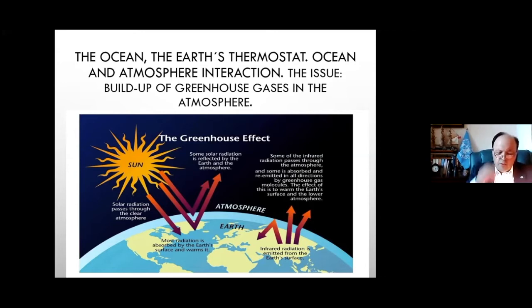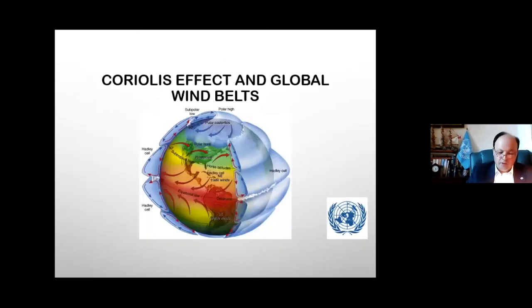But this redistribution of heat between the atmosphere and the oceans gets more complex because, so it's not that straightforward, and I'll come to this next. And it gets more complex because of the Earth's rotation on its axis. Winds from the equator and tropical areas get deflected by the eastward rotation of the Earth, generating what is called the Coriolis effect.